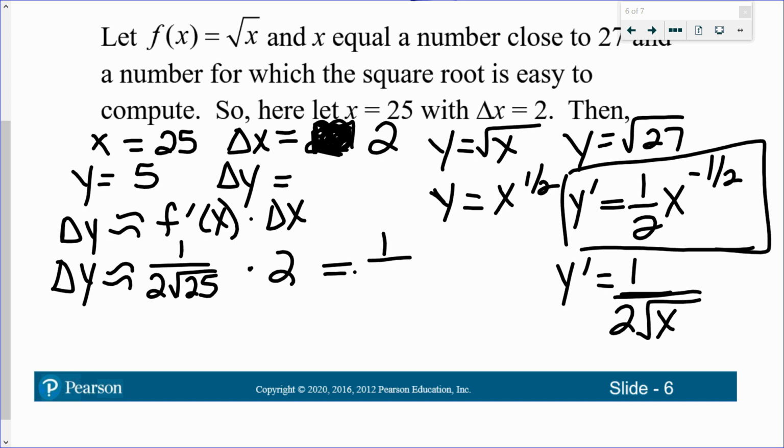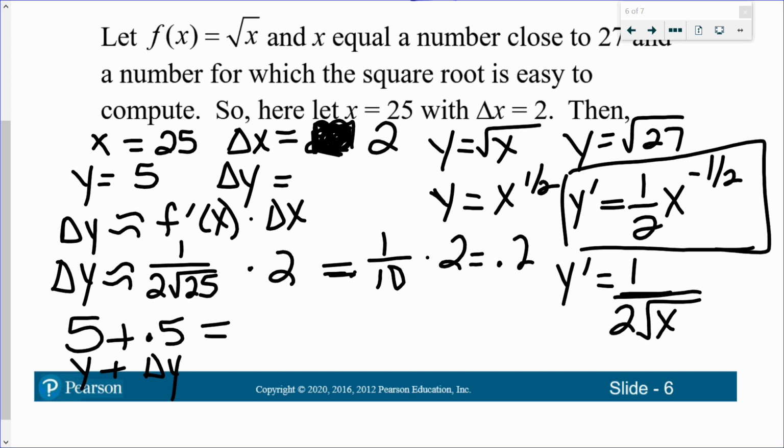So I have 2 times 5, so that's going to be 10, so 1 over 10, which is 0.2. Okay, I'm going to take my original y, 5, plus my delta y. So y plus delta y, which is 0.2, and I get that the square root of 27 is 5.2.